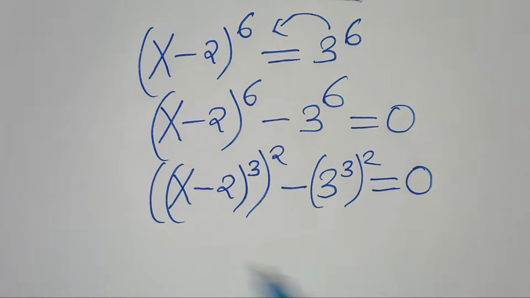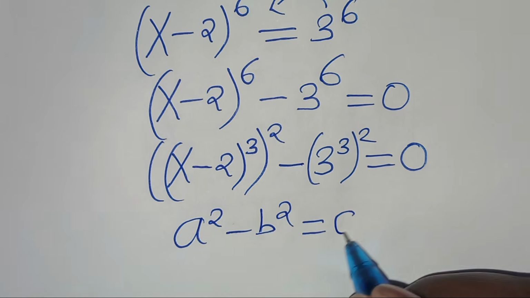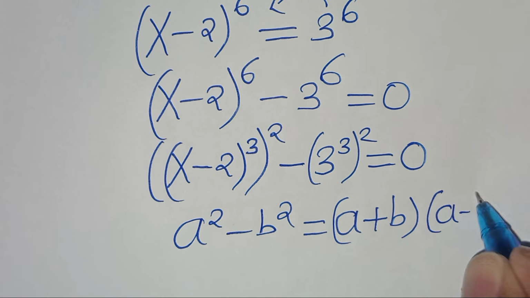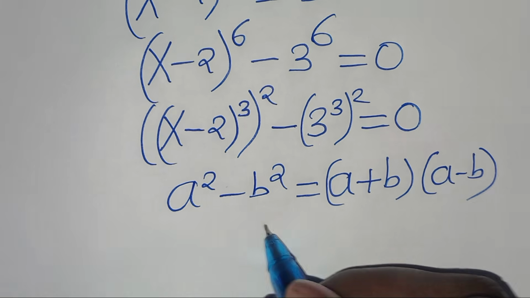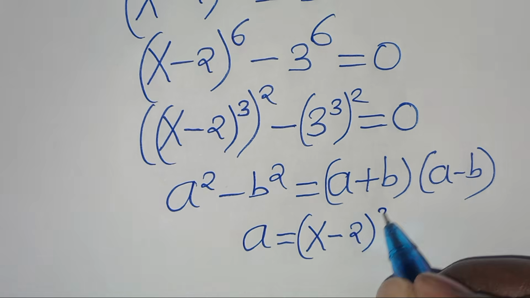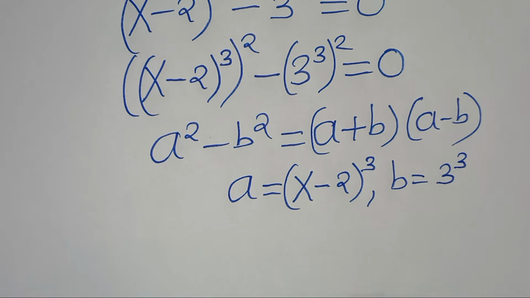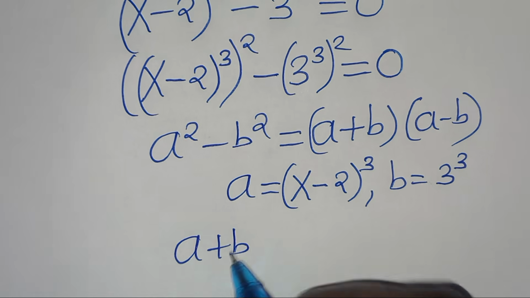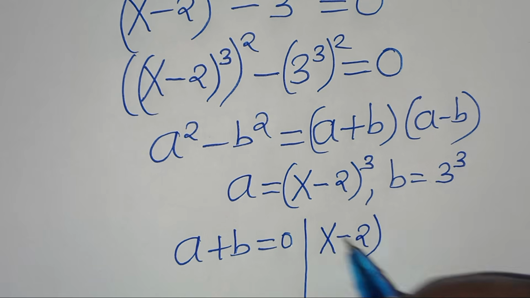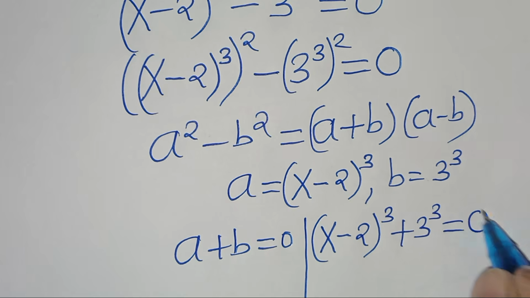This equation is of the form a squared minus b squared, the difference of two perfect squares, expressed as (a + b)(a − b). So a is (x − 2)^3 and b is 3^3. So a + b = 0, which is (x − 2)^3 + 3^3 = 0.